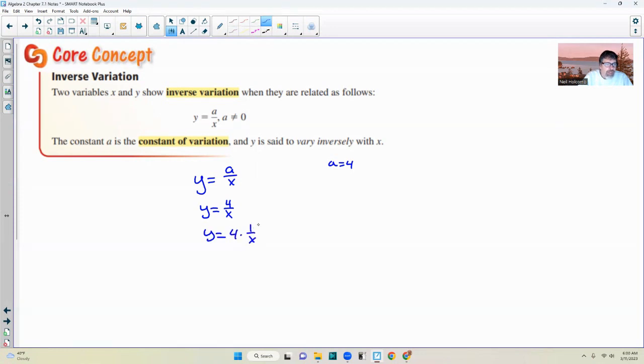And since x is in the denominator, it's inversely related to y. It's an inverse, remember, because y is y over 1. So if you have y over 1 and 1 over x, then they're inverses. And that's where this comes from.